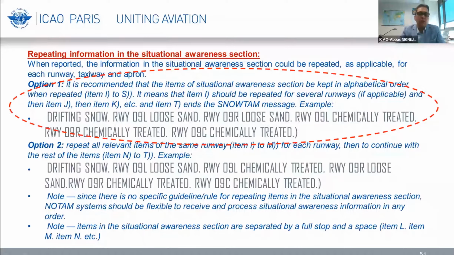Or also, plain language item T can get different values. So your systems in the AIS Snowtam office should have, to some extent, some flexibility to accept anything included in the situational awareness section. It's not as rigid and defined as the aeroplane performance section in some items.